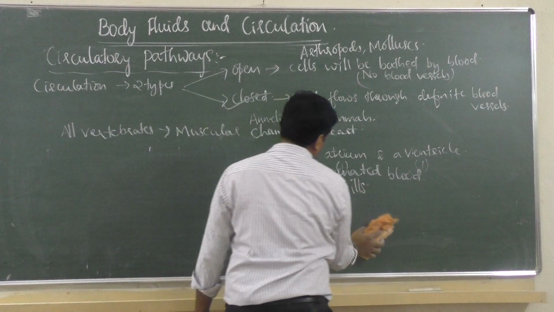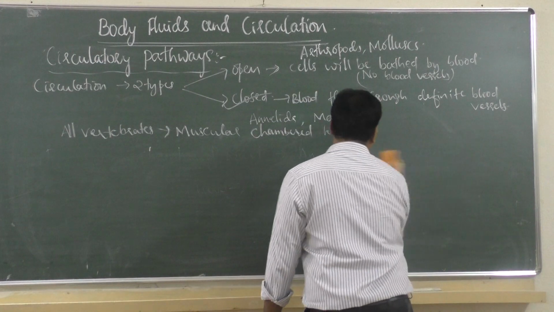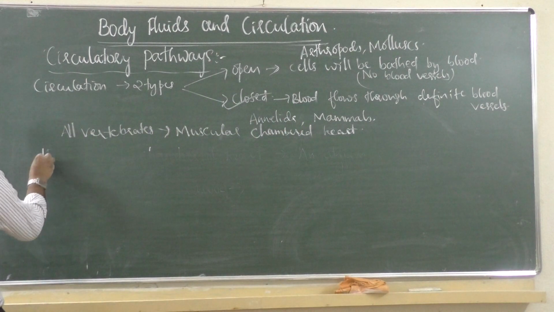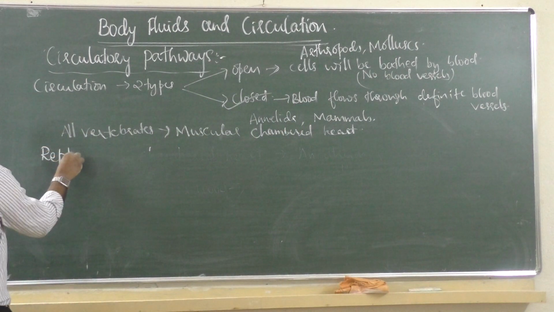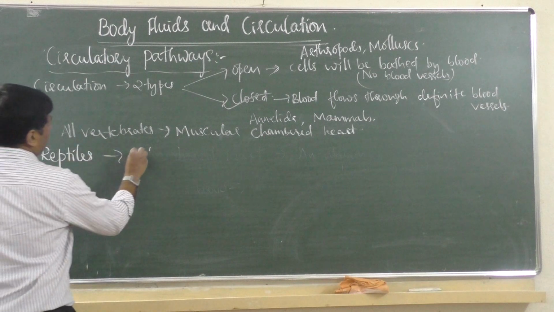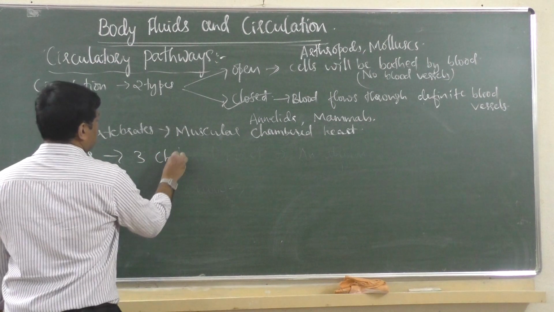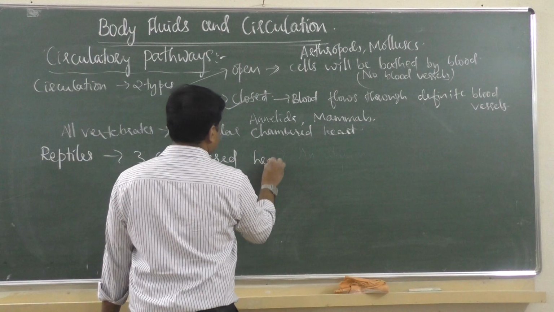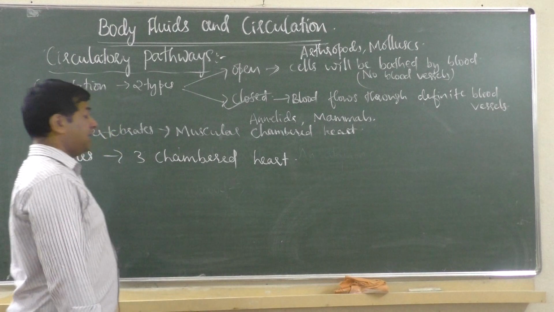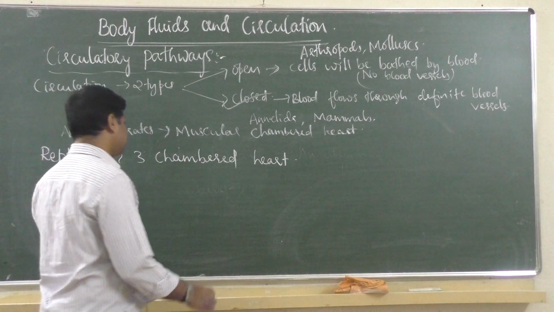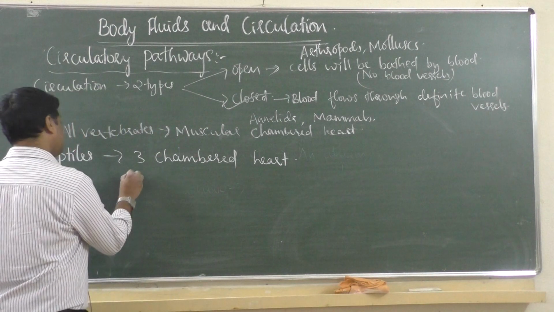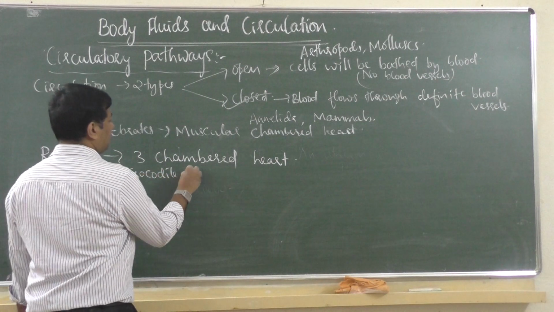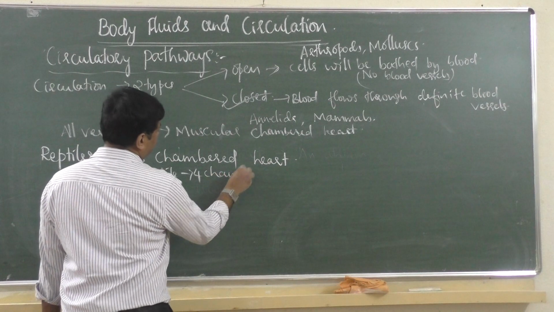We learnt about fishes. What about other animals like reptiles? Reptiles have a 3-chambered heart, except the crocodile. The crocodile has a 4-chambered heart, though it is also a reptile.